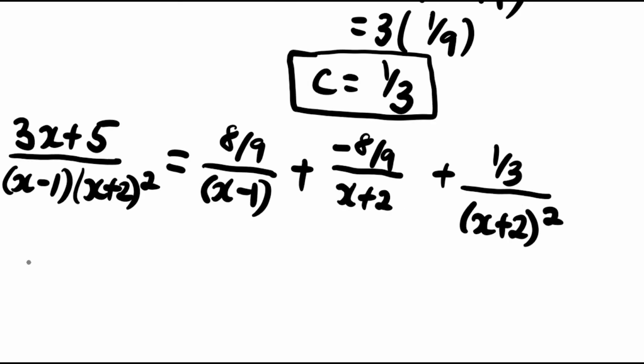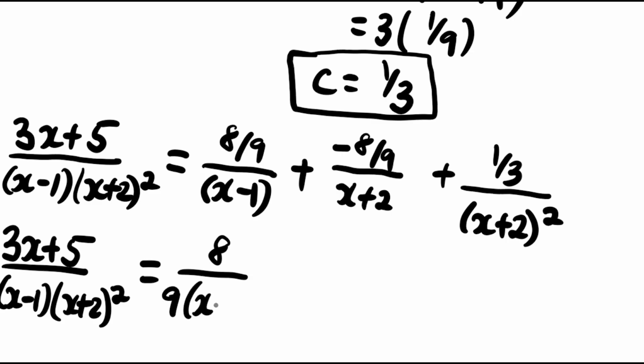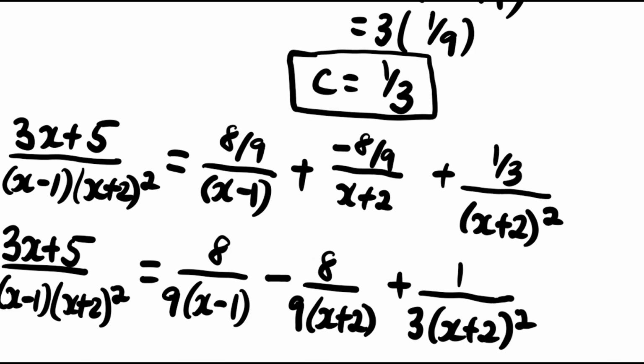We can further expand it to make it clearer and finally have 3x plus 5 all over x minus 1 times x plus 2 all squared equal to 8 over 9 multiplying x minus 1, minus 8 over 9 multiplying x plus 2, plus 1 over 3 into bracket x plus 2 all squared.